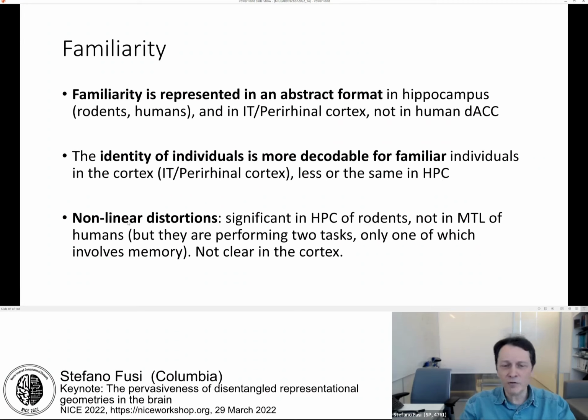And you certainly have nonlinear distortions, not everywhere, but we certainly see them in the experiments on rodents in the hippocampus. We don't see much of these distortions in the MTL of humans, but again, the task is different, and it's not really only a memory task, so it's difficult to compare the two experiments.